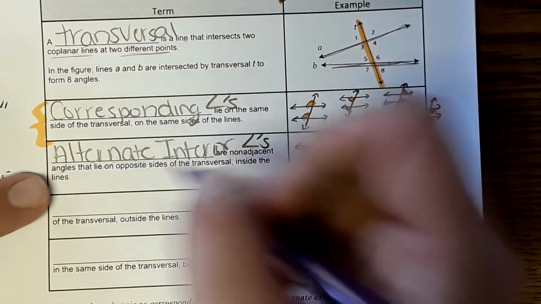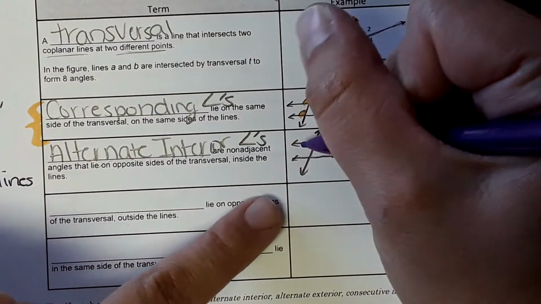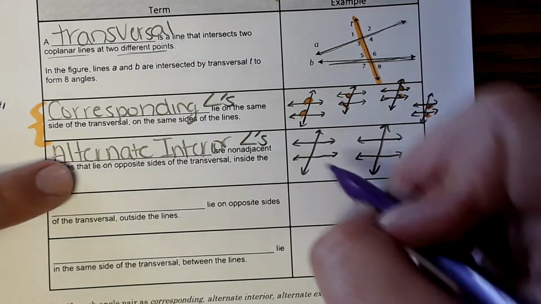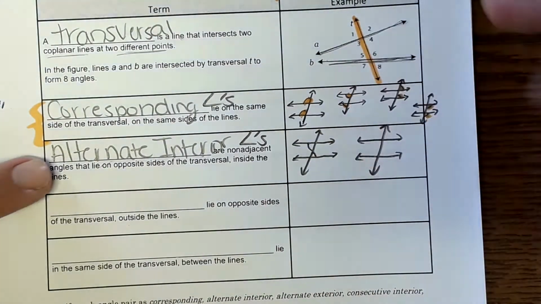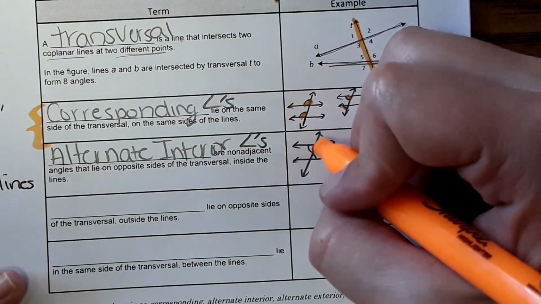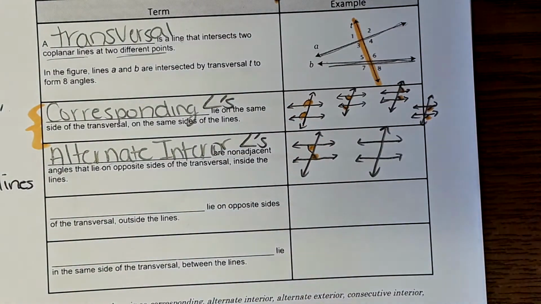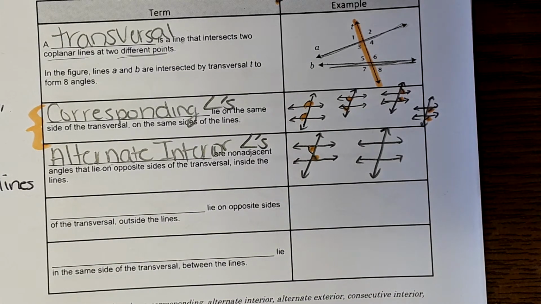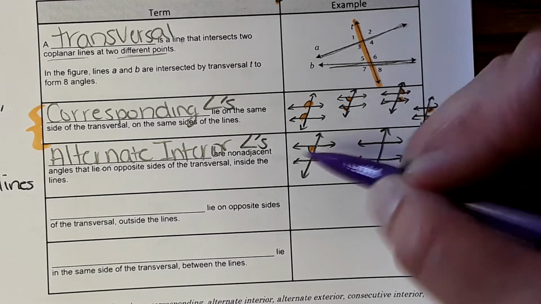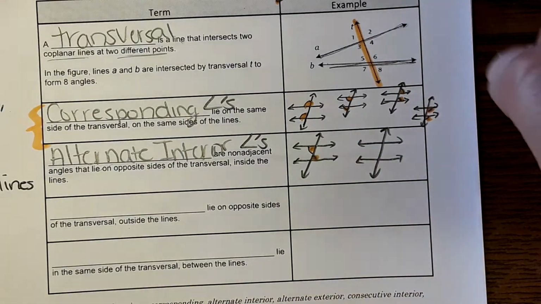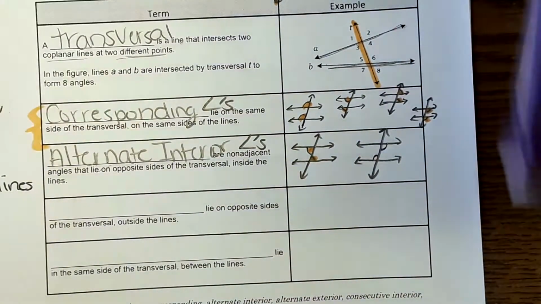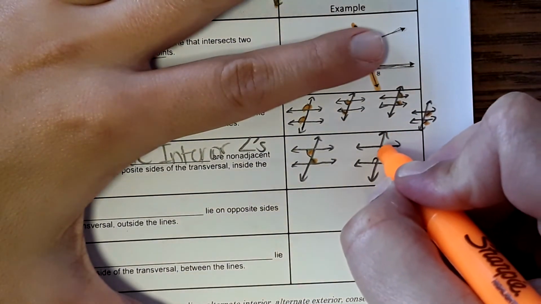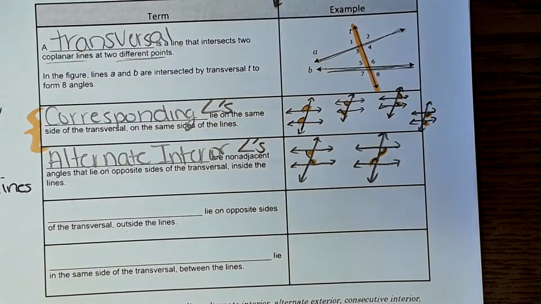Alternate means alternate sides of the transversal, and interior meaning the inside of the parallel lines. So alternate interior would be this angle and this angle. So this one and this one. So alternate sides of the transversal inside the parallel lines. And then this angle and this angle are alternate interior as well. Alternate interior angles when you have parallel lines are equal in measure, and that's where we're headed with this.